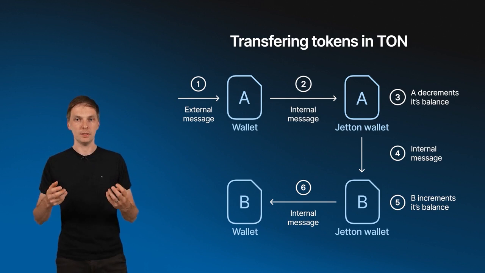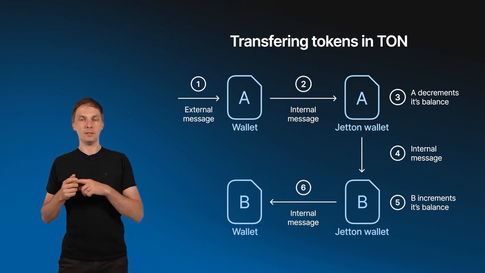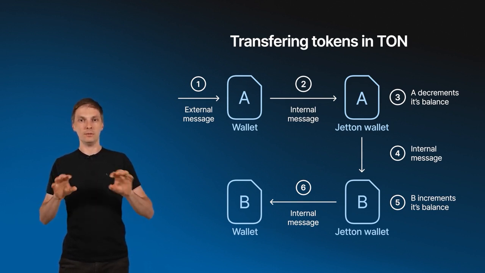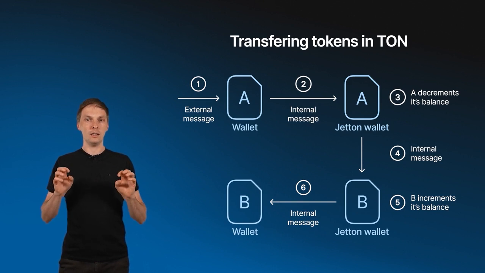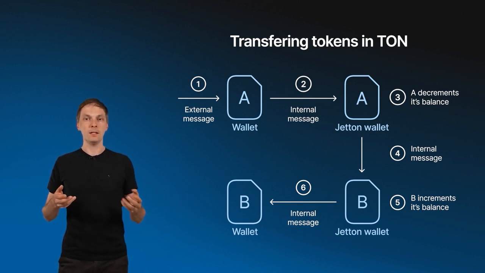So what happens is that one Jettons wallet, when it's receiving a message saying, hey, could you please increase your balance, verifies that the message came from a contract exactly like that, with exactly the same code, and therefore it implicitly trusts that on the other end, the balance was decremented. If the code was different, then of course anything could happen there, and the Jettons wallet rejects such a message.